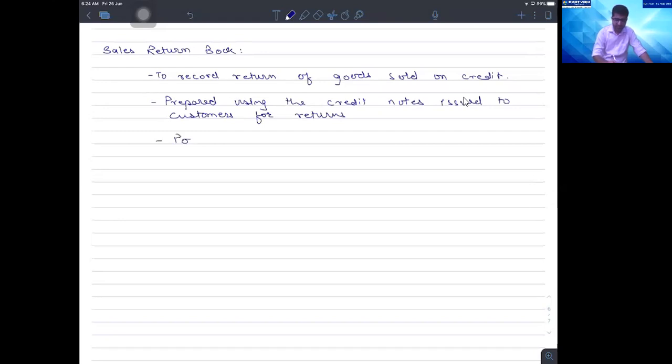The posting effects of the sales return book. Posting effects will be what?